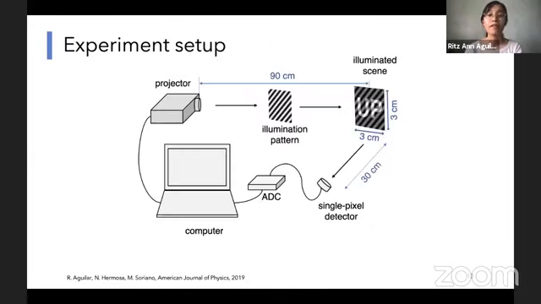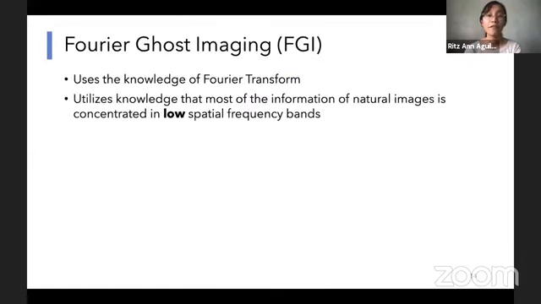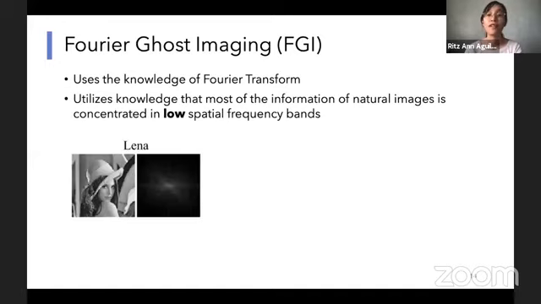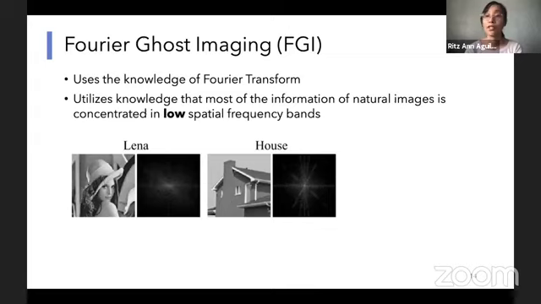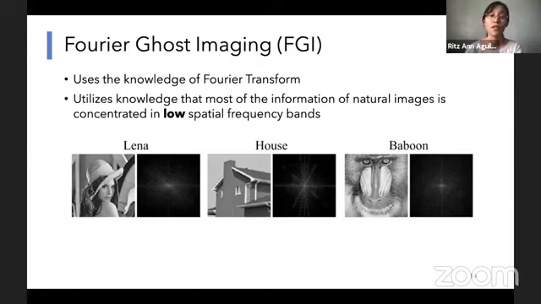Just a brief explanation about Fourier ghost imaging. It uses the knowledge of the Fourier transform, and the fact that most of the information of natural images is located in low spatial frequency bands. For example, here are standard images used for image processing, and this is the 2D Fourier transform of these images. As you can see, the power spectrum is concentrated on the low frequencies.